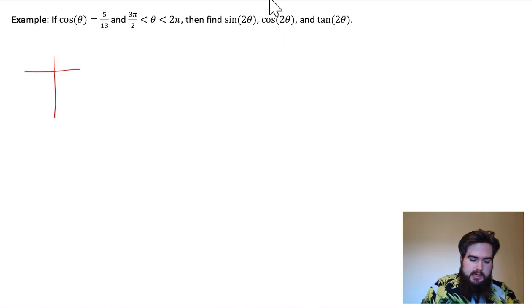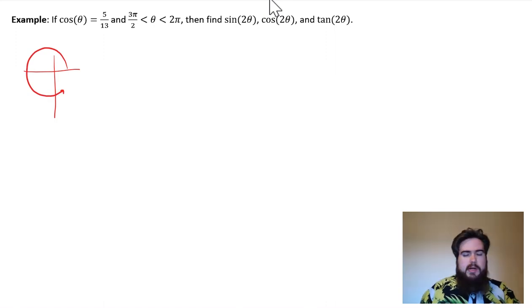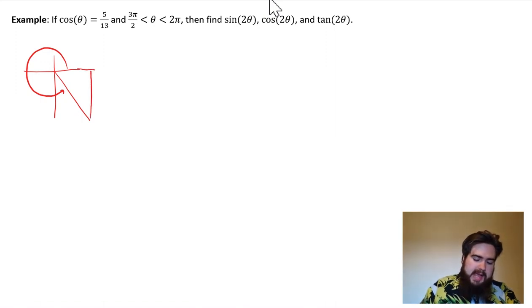So, if I draw a quick little graph here, we have that theta is an angle measure somewhere in quadrant 4. And so I'm going to draw a line to represent where the terminal position might lie, and I'll create a right triangle to the x-axis.